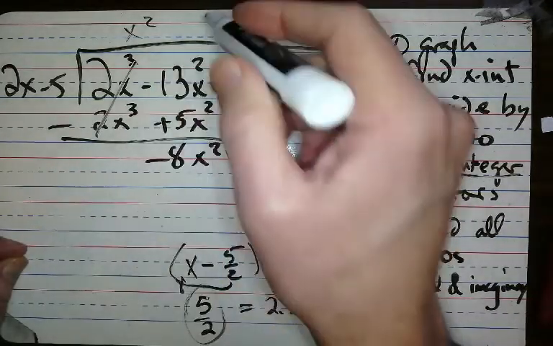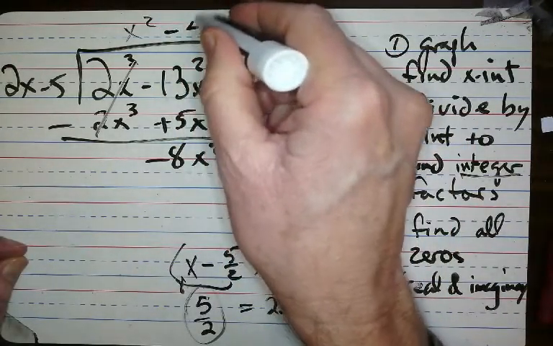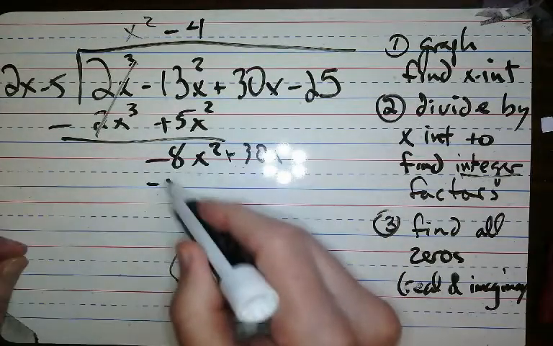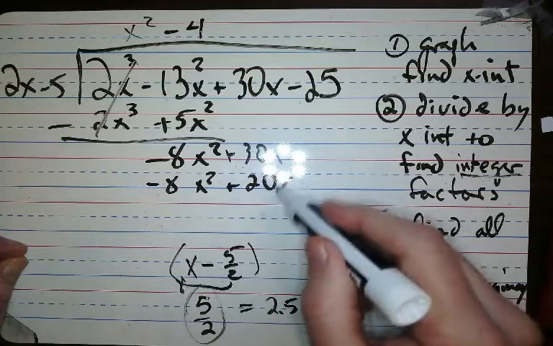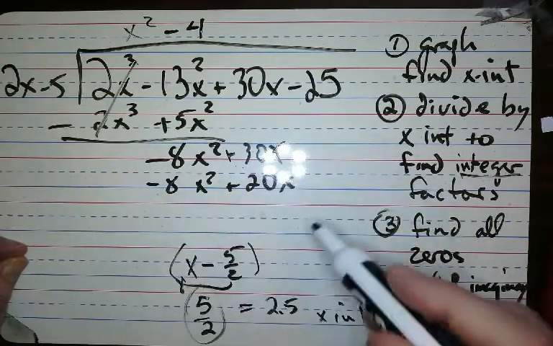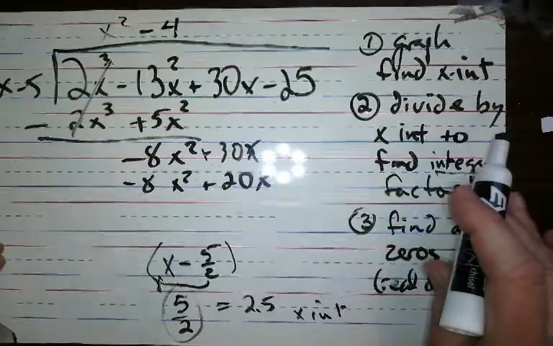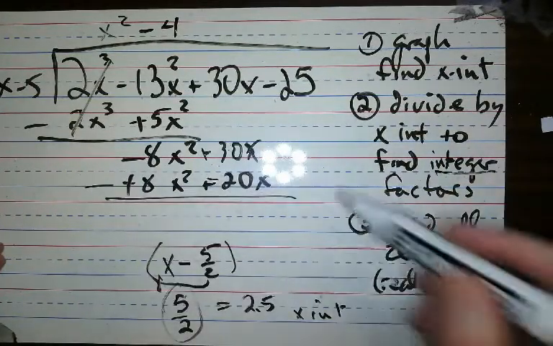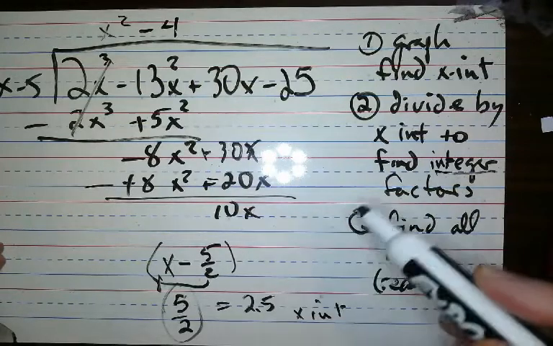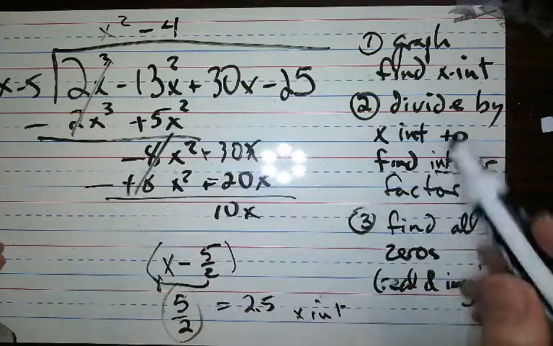So how do I make that into 8? Well, I have to multiply by negative 4. Negative 4 would make that negative 8. Negative 4 would make that positive 20. All right? We want that to be subtract. That makes that plus, makes that minus. This would give me 10, and that would go away.